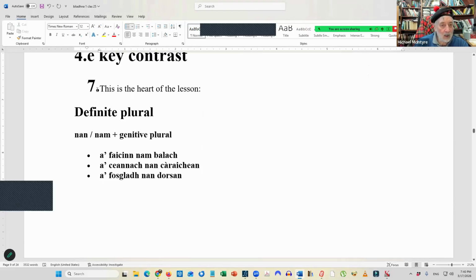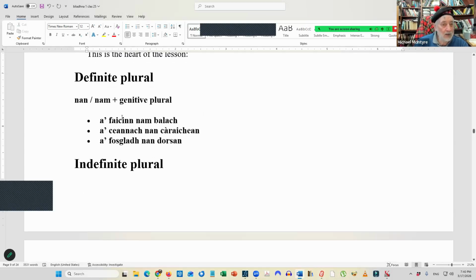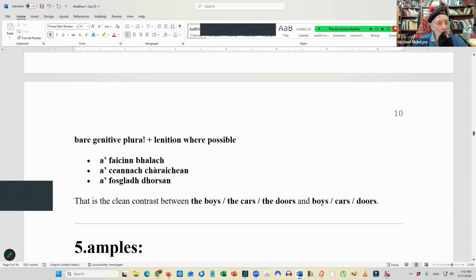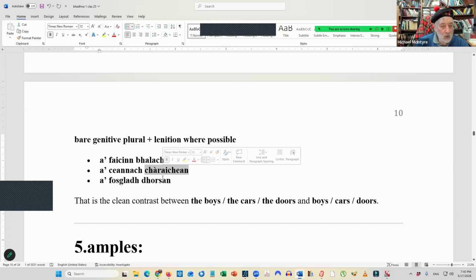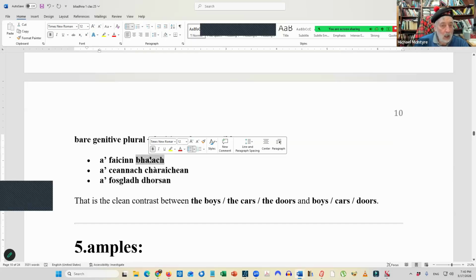Definite plural: non-nom, affecting non-balic, accountic non-carican, apostolic non-dolorous. Indefinite plural: genitive plural, plus lenition where possible, whether it looks like the root plural or whatever is the genitive plural.